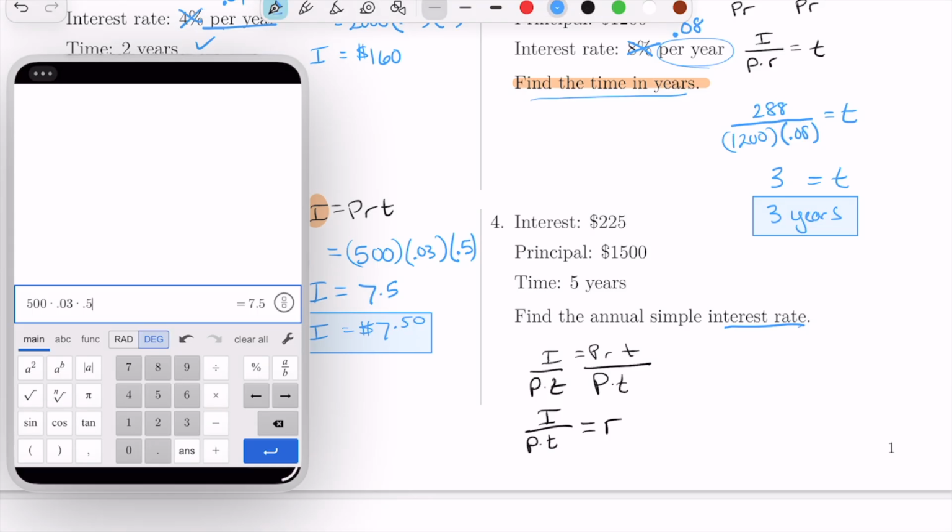We'll substitute our numbers in. So our interest, 225 goes in for the I. That goes on top. The principal is 1,500. And our T, our time, is 5 years. And that will get us our R.